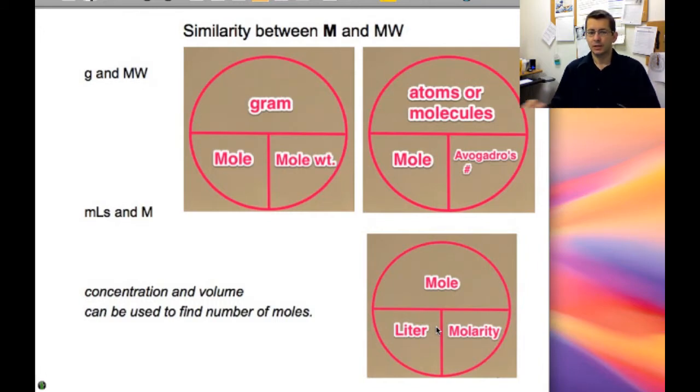All right? So, in many ways, molarity is a lot like molecular weight. And you use it in a very similar fashion, and it's to relate the idea of moles to volume. Right? So that relationship is always through molarity. So look for ways to convert your volumes into moles using a molarity.